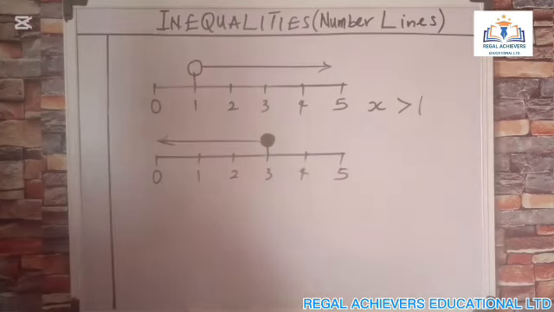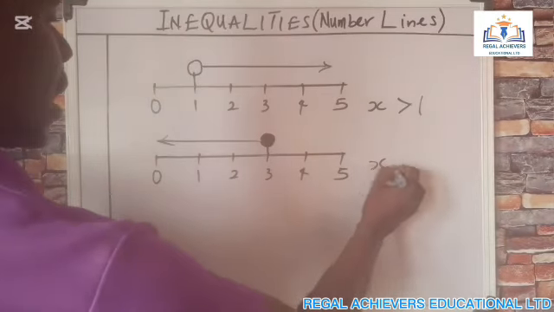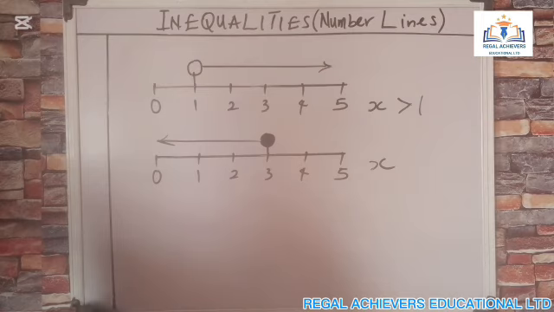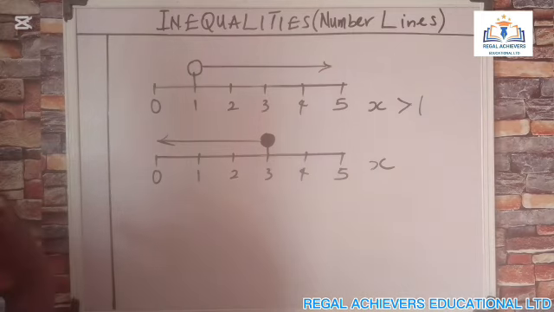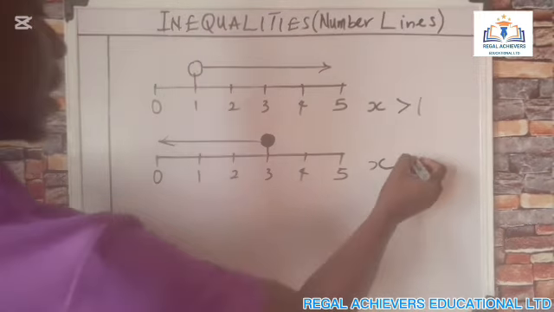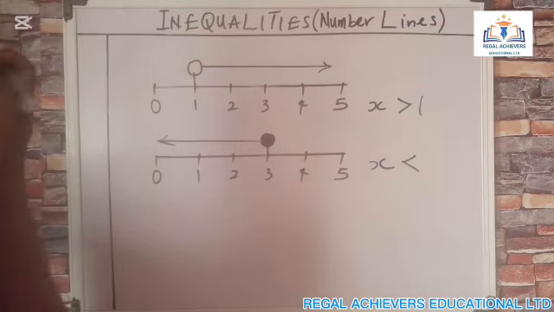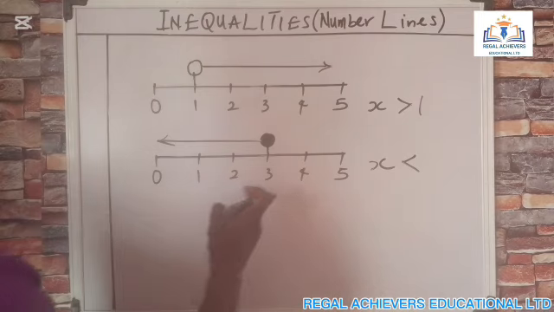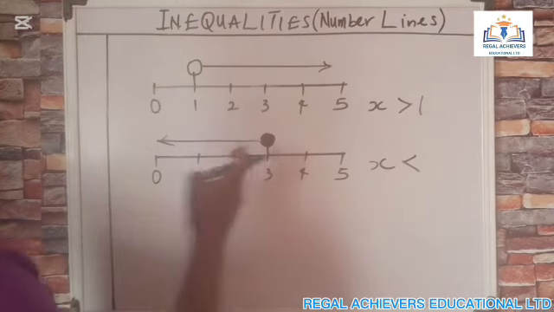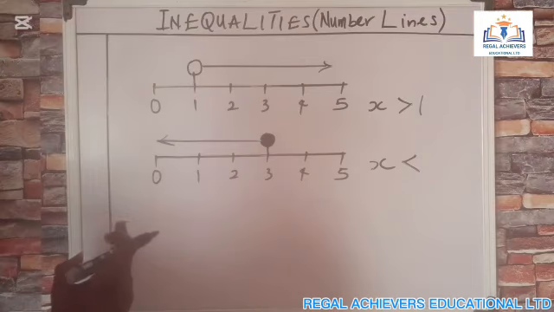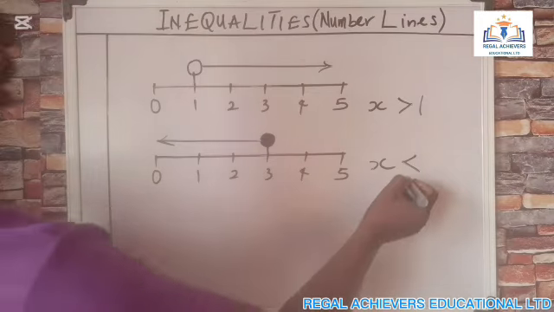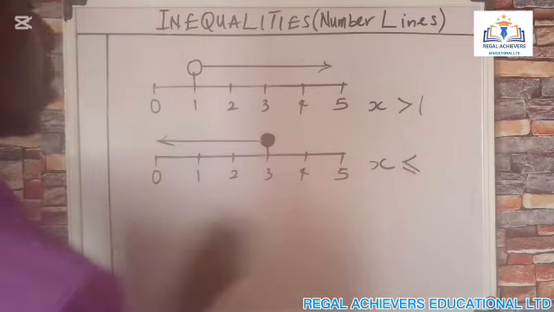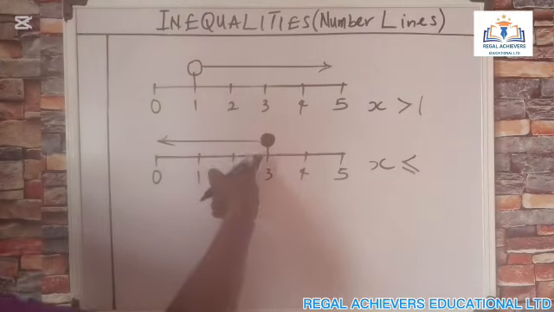Second example, it means x. Now, the direction is towards the left. That is going to be less than. But in this case, your circle is not a hollow circle. It is a filled circle. The circle is fully shaded. That means it includes equal to.